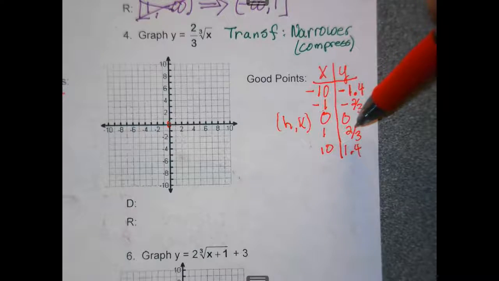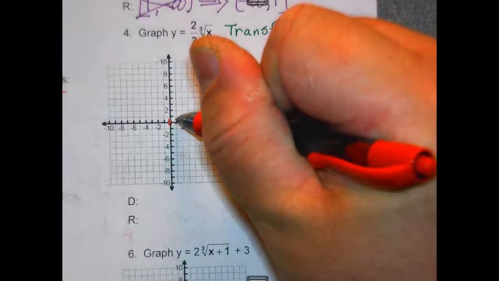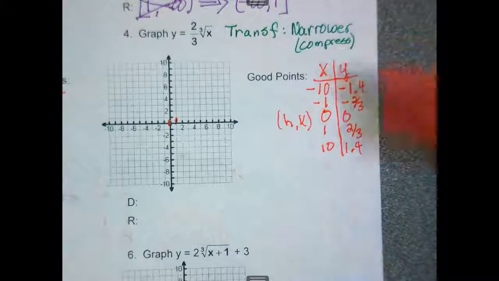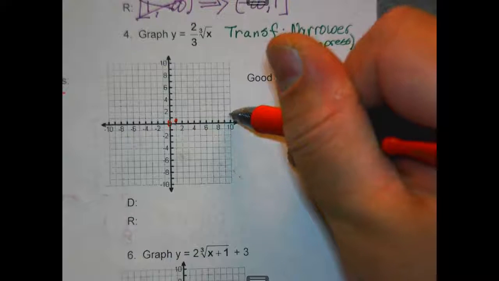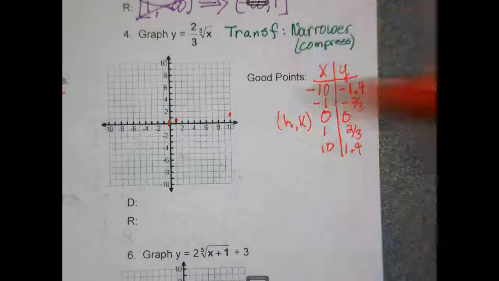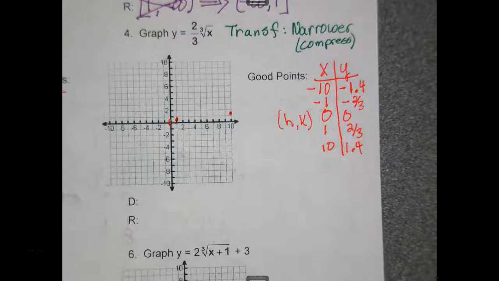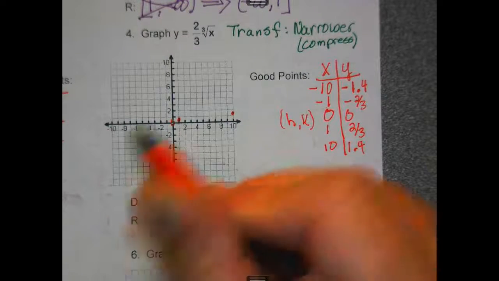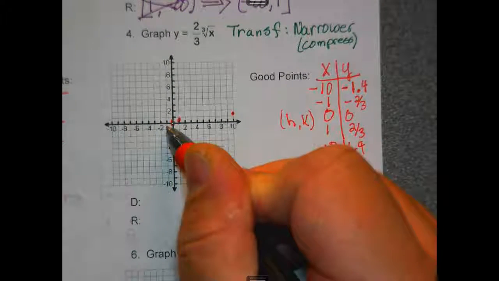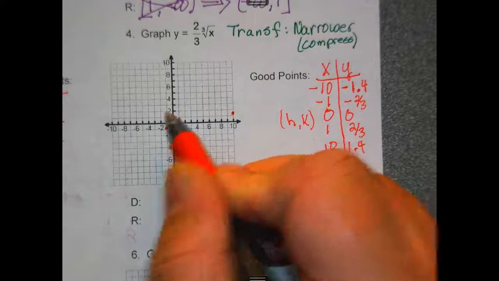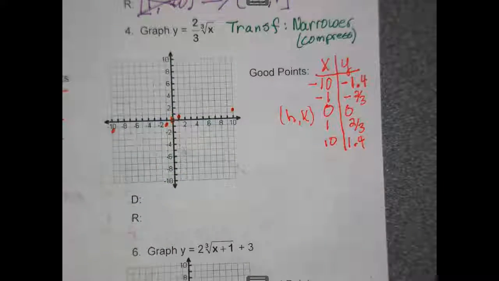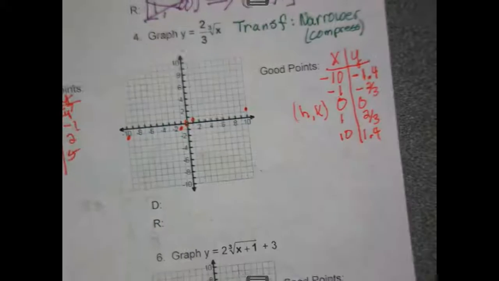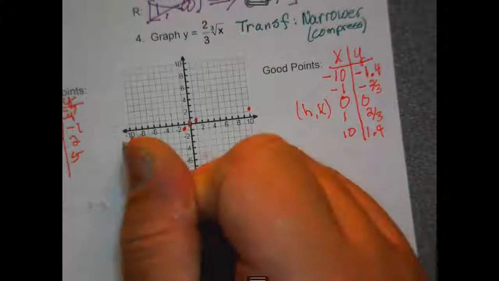Okay, 1 and 2/3 is not quite 1. Then I have 10 and about 1.5. Okay. Same thing with the negative side. -1, -2/3. And then -10, negative about 1.5. It really squished this. It really compressed this.